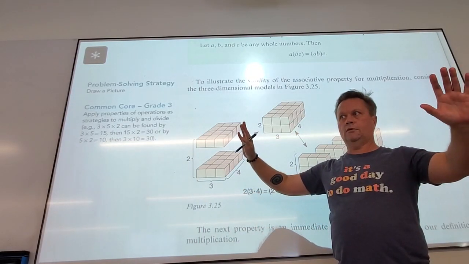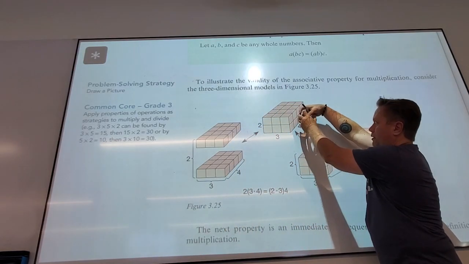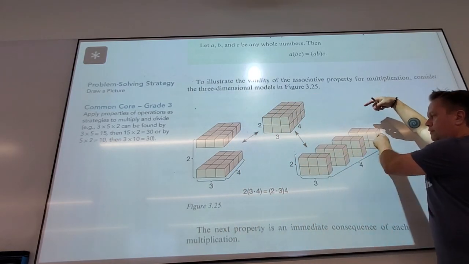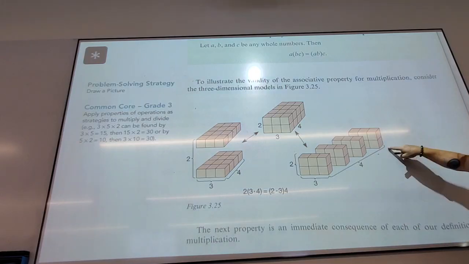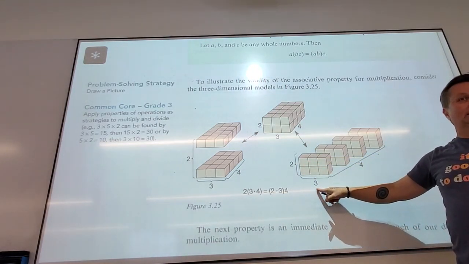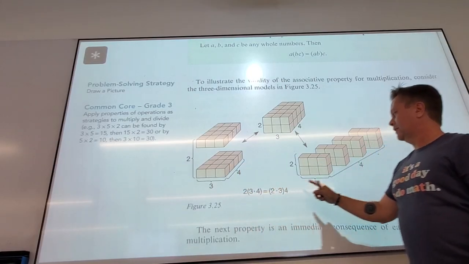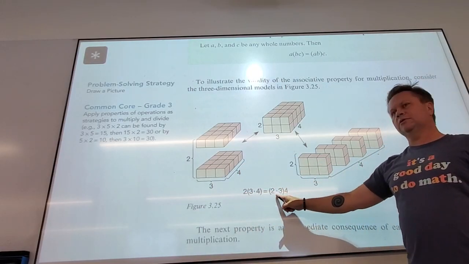Is everybody with me? If you put those together and then tear them apart this way, now you have 4 2 times 3s, yes? So this is 2 3 times 4s, and this is 4 2 times 3s.